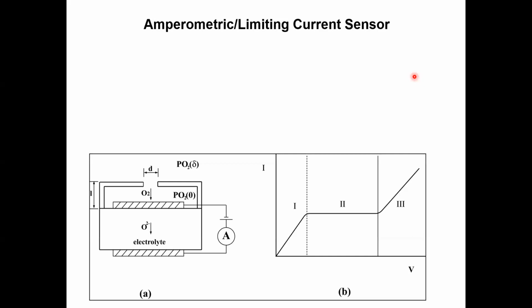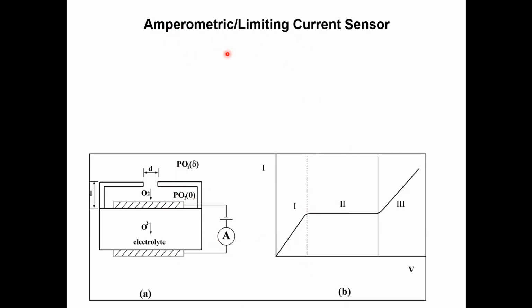So while the type 1 oxygen sensor is wonderful for automotive exhaust monitoring and maintaining the air-to-fuel mixing ratio around the stoichiometric level, it's not going to be very good for continuous monitoring.